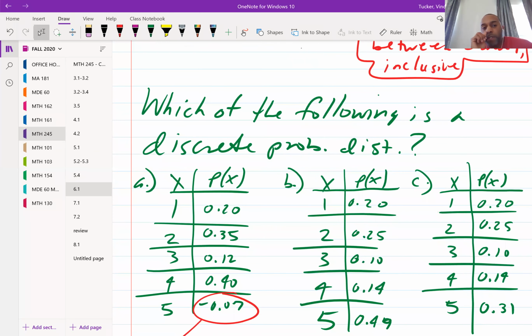All right. So here we have 3 different probability distributions. It says, which of the following is a discrete probability distribution? Let's copy those down.